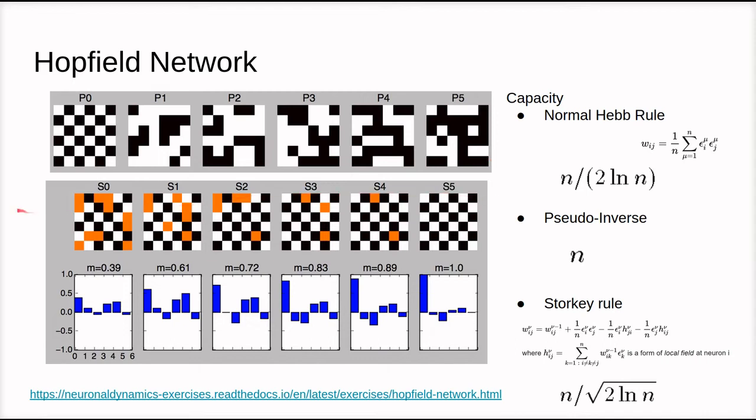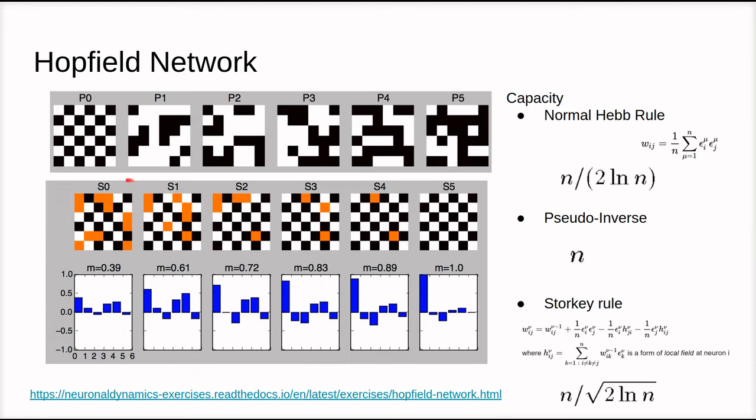And then on this bottom gray box, what we're seeing is the evolution of the state of the neurons as the network executes over time. These bar charts are the similarity between the input and one of the patterns, P0 through 5, on the y-axis.